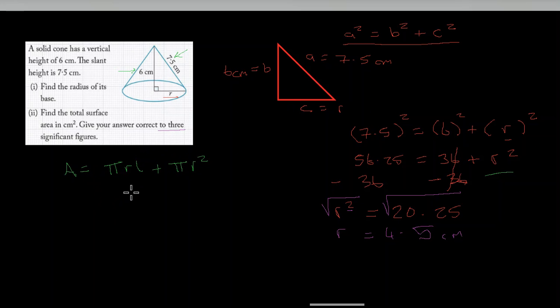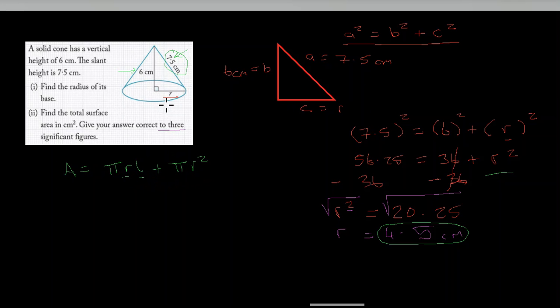So then we can substitute in the values that we have. So what have we got? We've worked out the radius, and we have the length, which is this up here, 7.5. So radius, length, and radius.